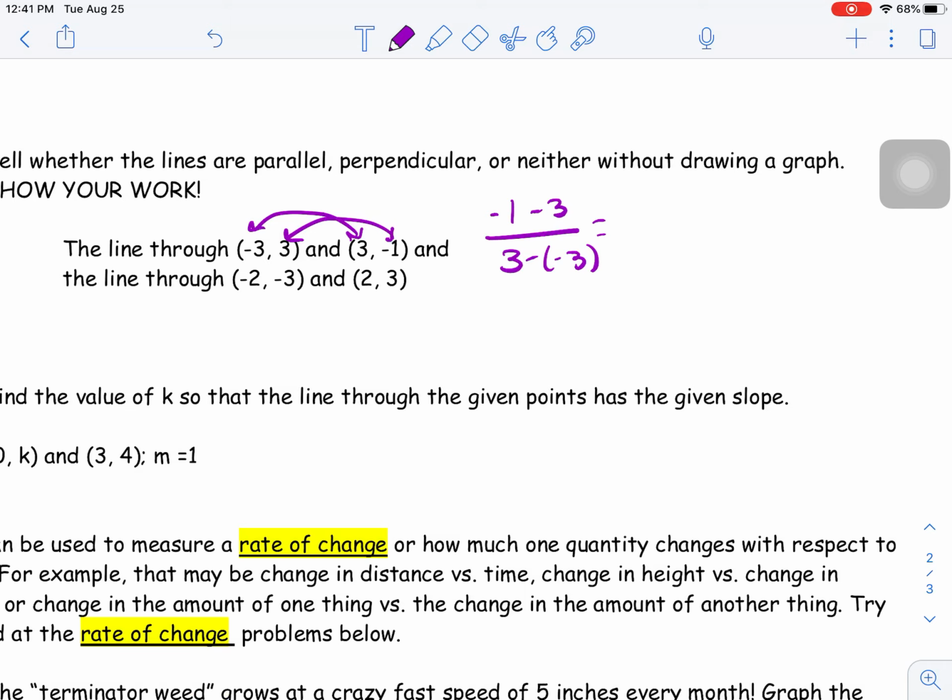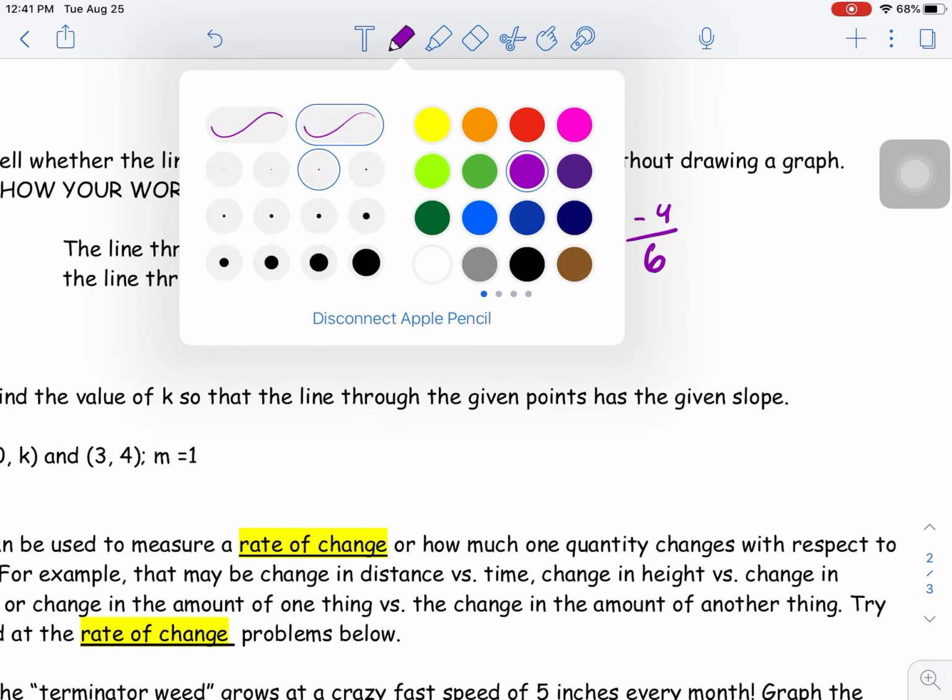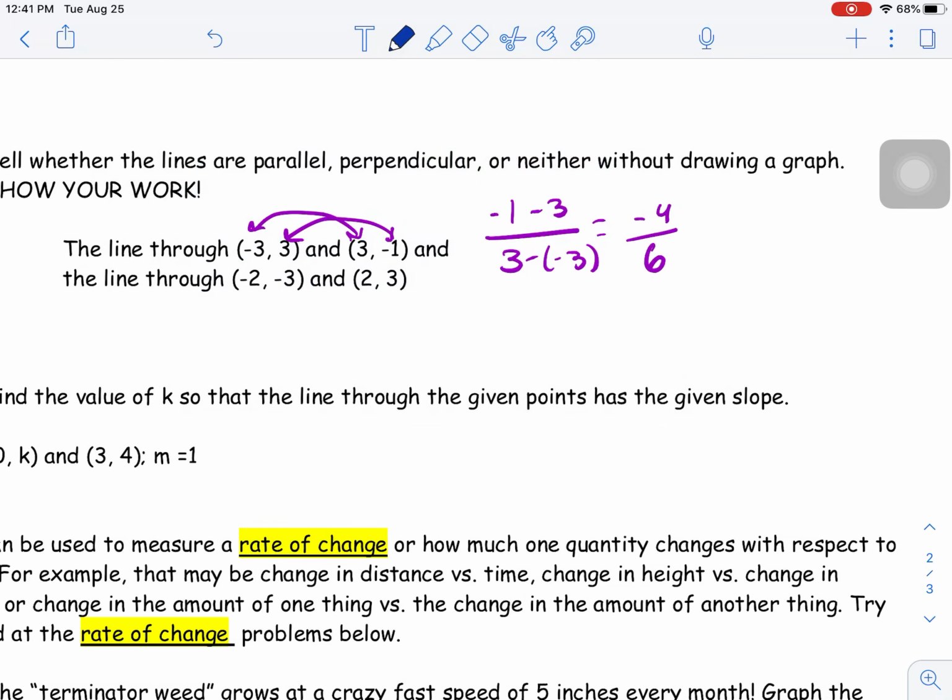for the first line. So that is negative 1 minus 3 is negative 4. 3 minus negative 3 gives us positive 6. So it's our first line, and then our second line is right here. So 3 minus negative 3, over, and then 2 minus negative 2.